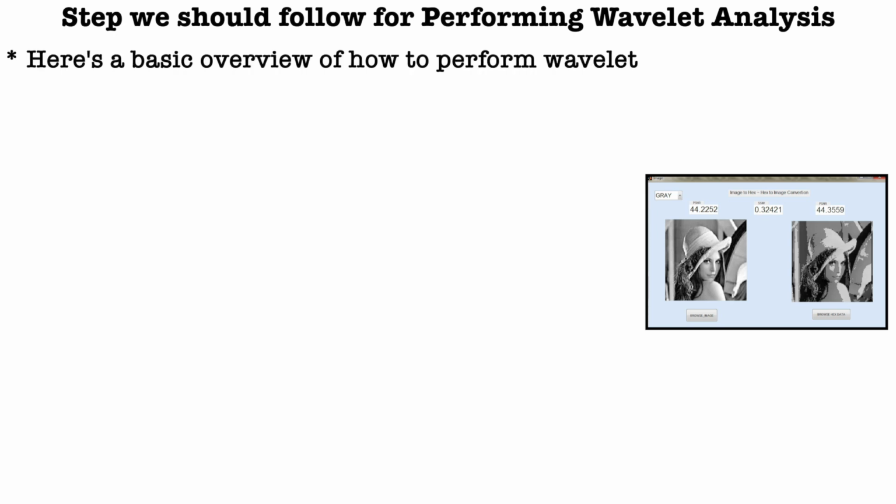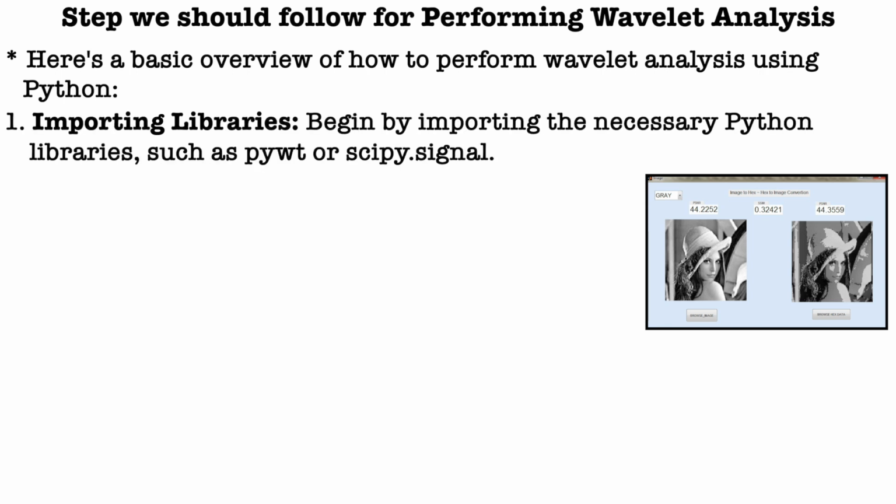So here is the basic overview of how to perform wavelet analysis using Python. For this, we will start by importing the necessary library files. Begin: import the necessary Python libraries such as PyWT or SciPy.